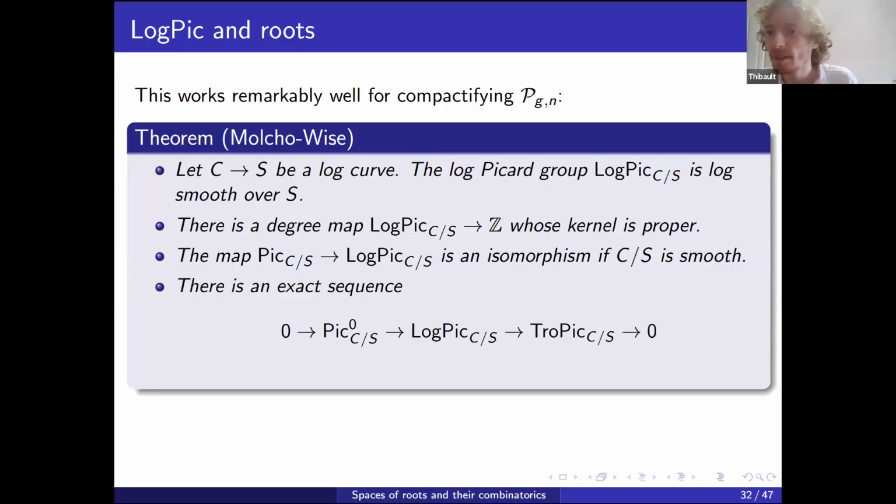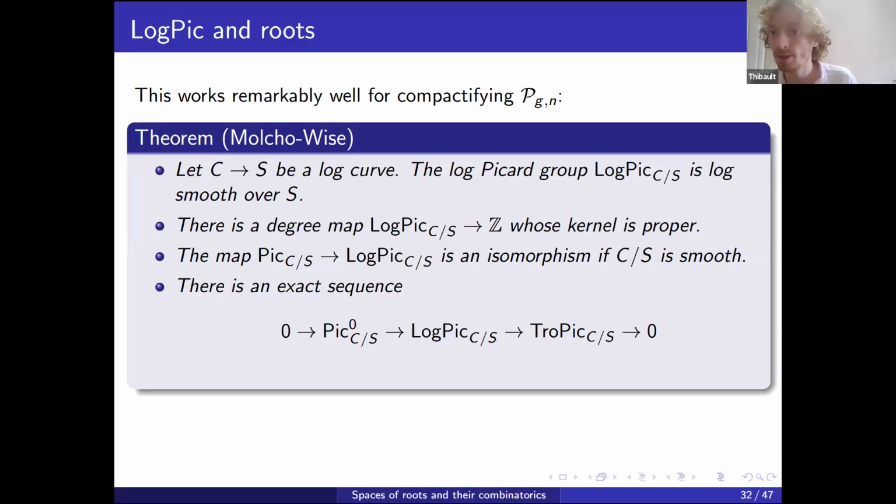And the way smooth geometry is shuffled with combinatorics here is given by this exact sequence. 0 goes to the Pic 0 of the stable curve. This means line bundles of degree 0 on every component, not just globally. 0 goes to Pic 0, goes to log Pic, goes to this tropical Picard group.